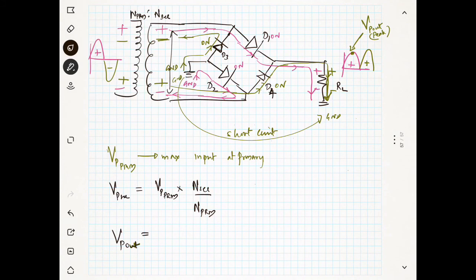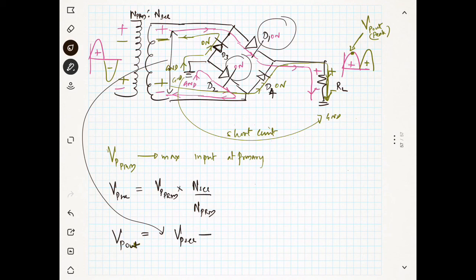You have the maximum input at this end, that means Vp secondary is the maximum input, and you have two diodes. One diode is here and another diode is here. During the positive half cycle there are two diodes on at a time. The voltage drop across one diode is 0.7, so these two diodes will take 1.4 volts.